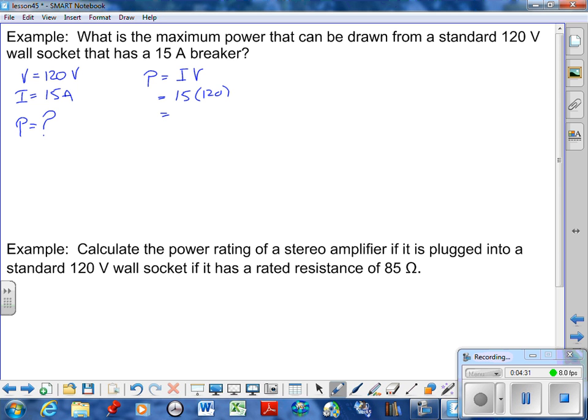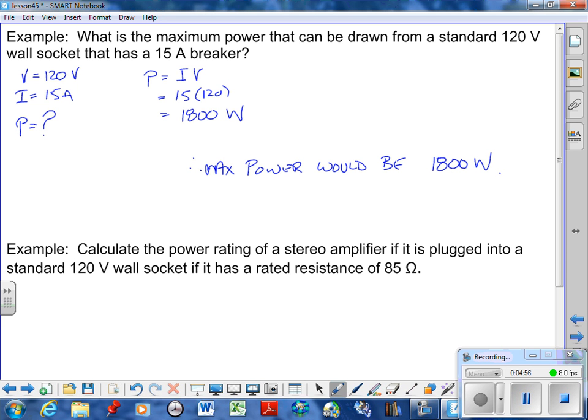You do that calculation. You get 1800 watts. All right, so therefore, max power would be 1800 watts.